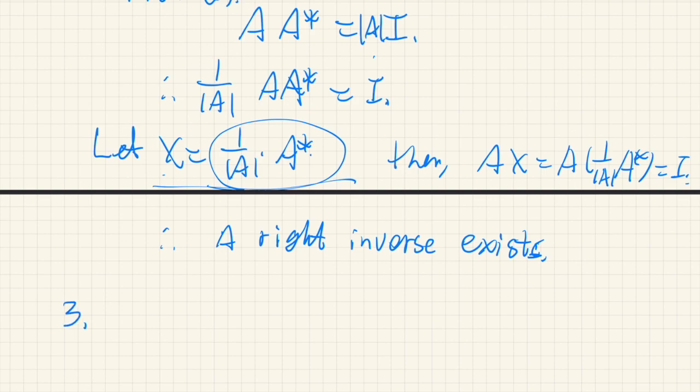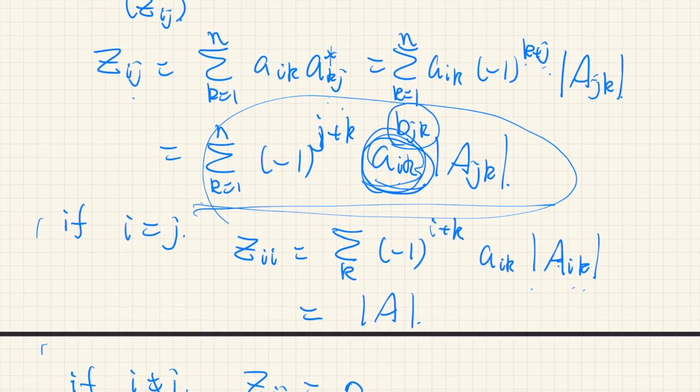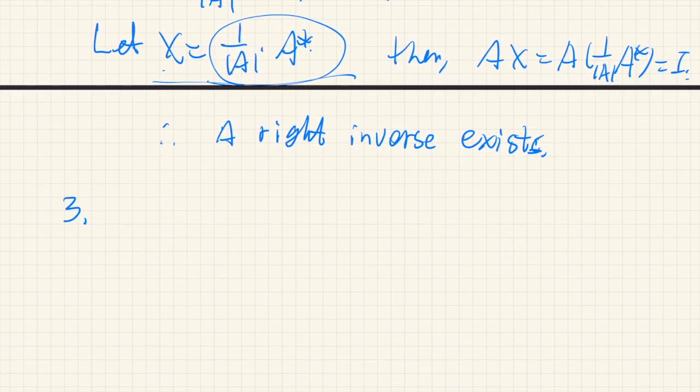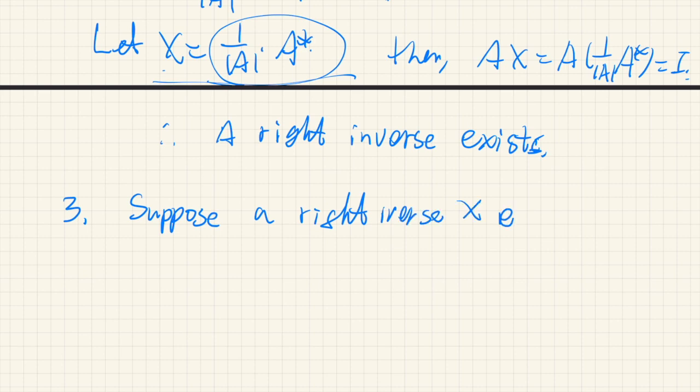And part 3. It says if the right inverse exists, then that right inverse is also a left inverse of A. From part 2, suppose a right inverse X exists. By part 2, the determinant of A is non-zero.